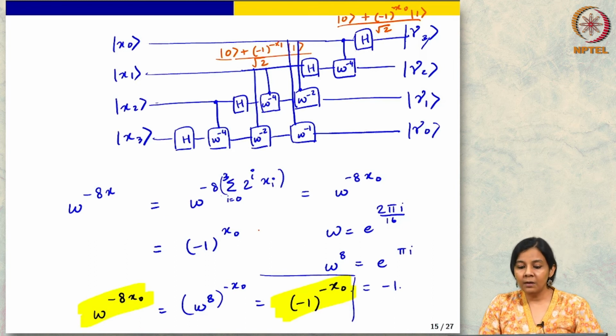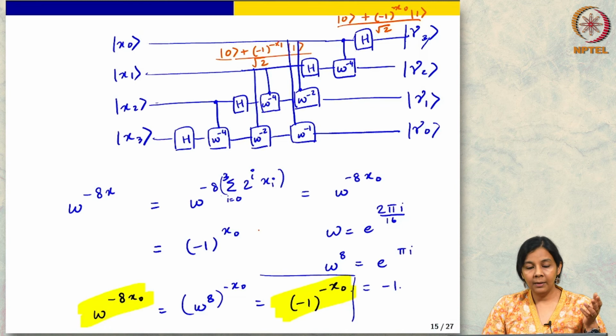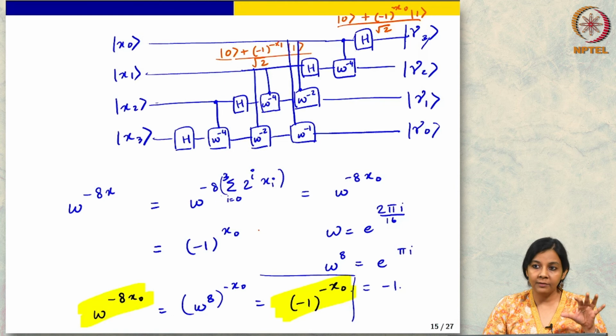So this is the special case of small n equal to 4, and it generalizes very naturally to any n. It shows that to implement this circuit you need only a quadratic number of gates, order n squared, where n is small n.